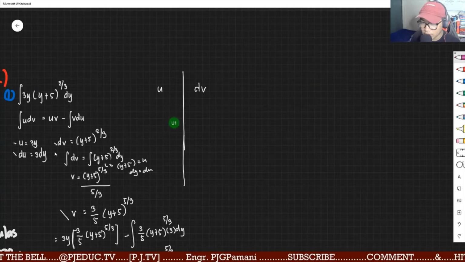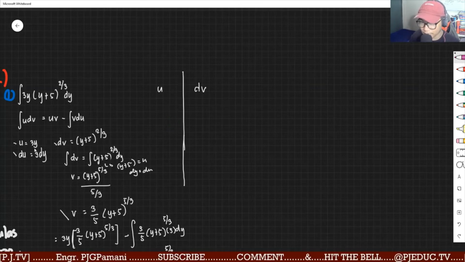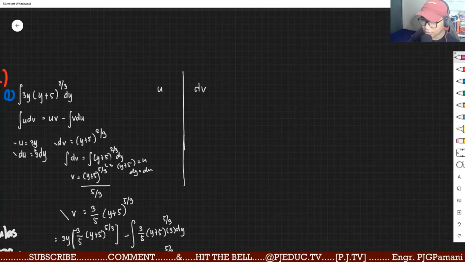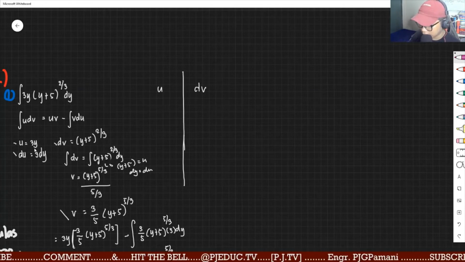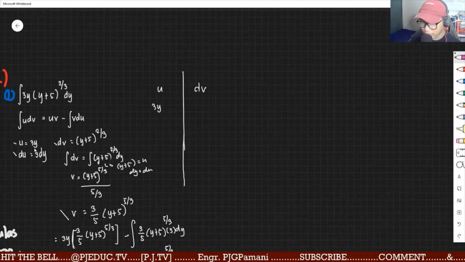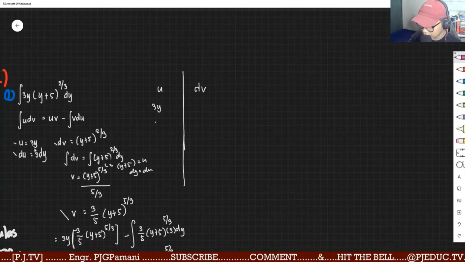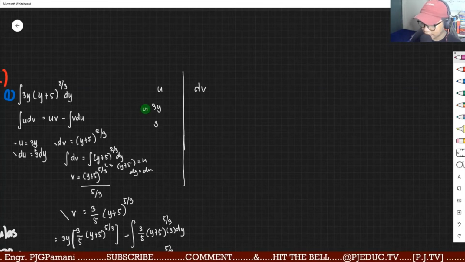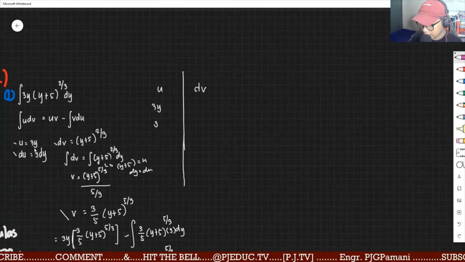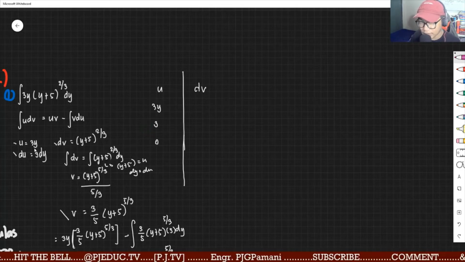Okay? So earlier, we considered the term 3y. Let us check if it ends at 0 after continuous differentiation. The first differential of 3y is 3. The second differential of 3y is 0, or the differential of 3 is simply 0.